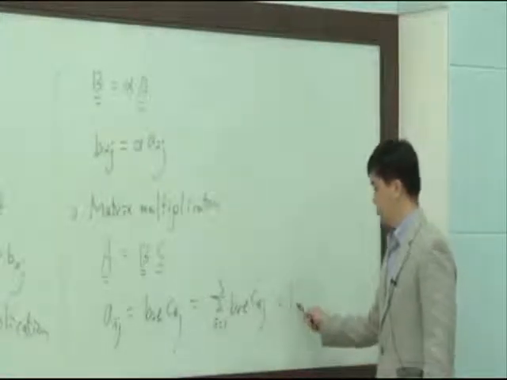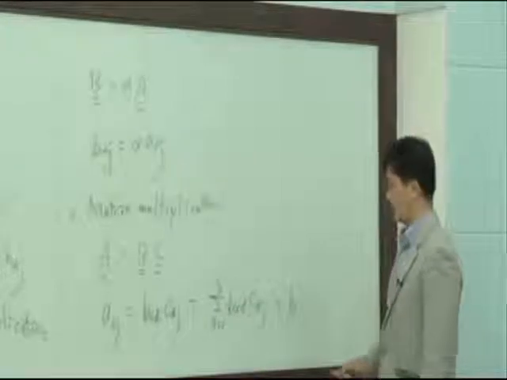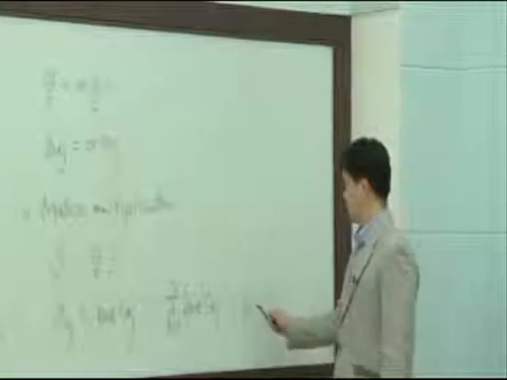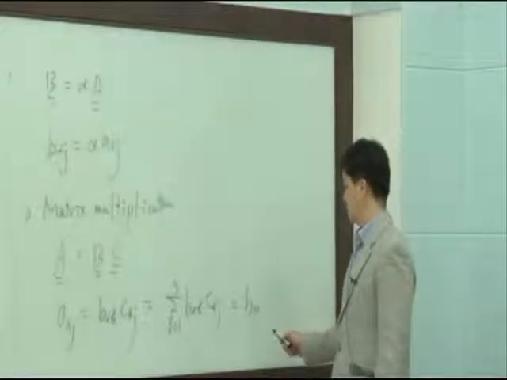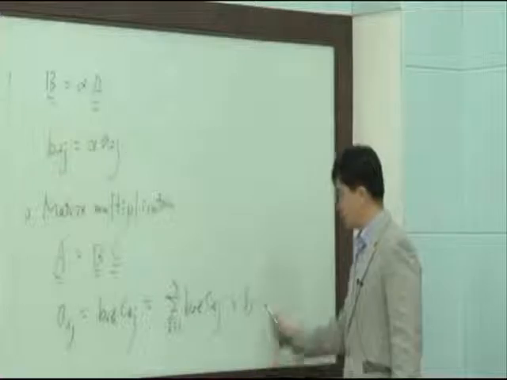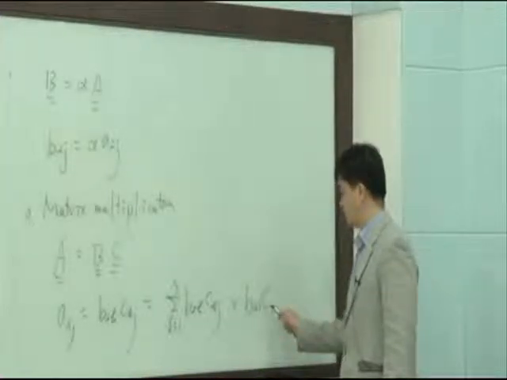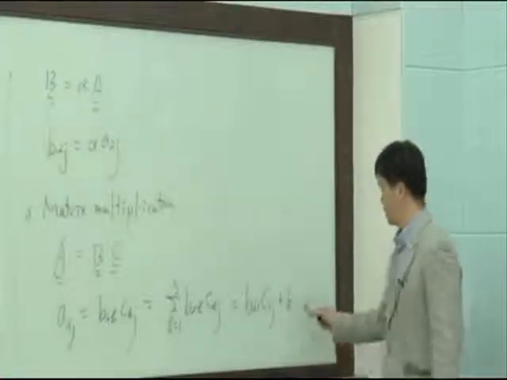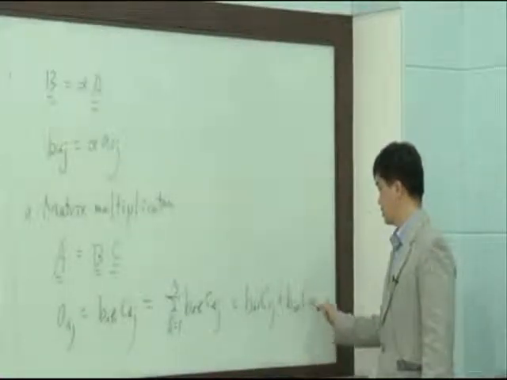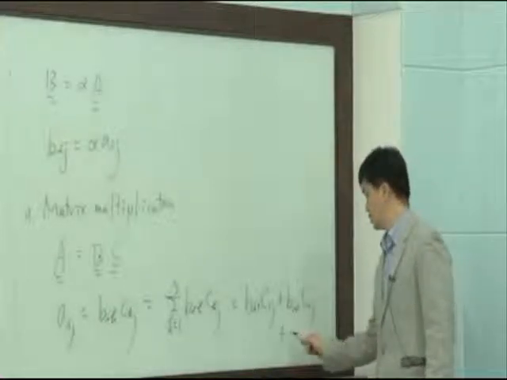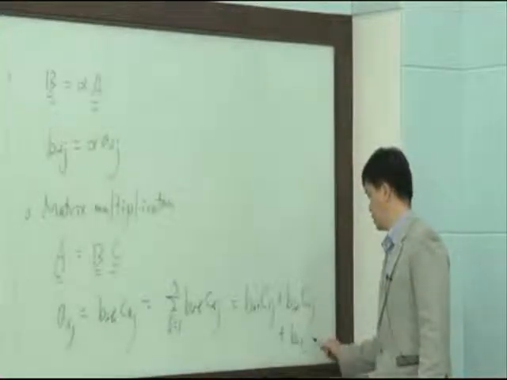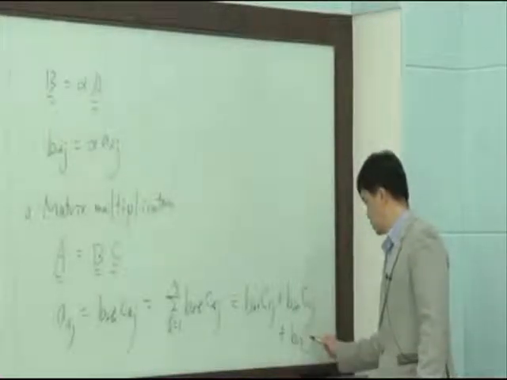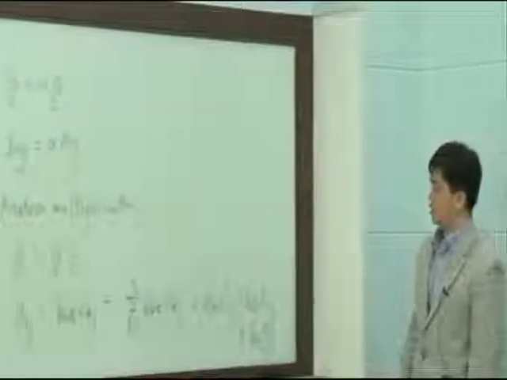Okay, so let's say I equal 1, then Aij equal Bi1 C1j plus Bi2 C2j plus Bi3 C3j.